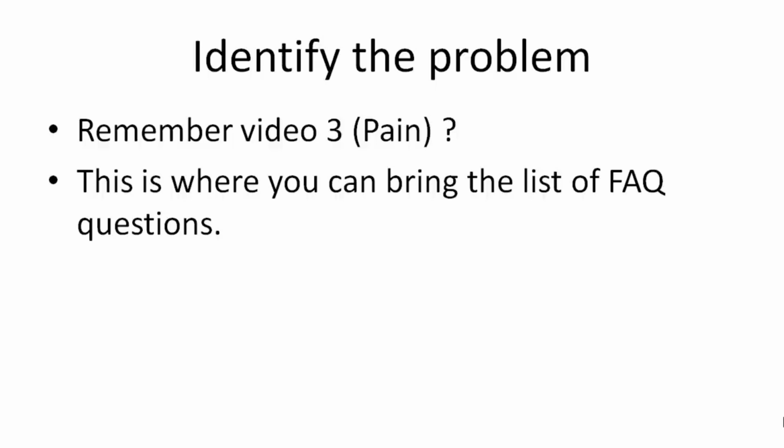So let's say, for example, that the common questions that we found were stuff like, what are trigger foods to IBS? Or what does work? What lessens pain? And things like that.